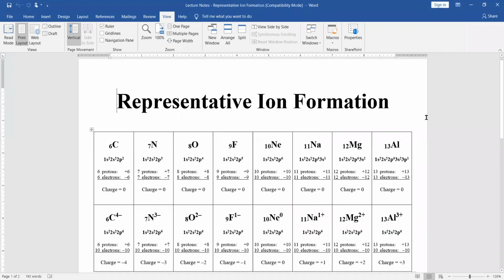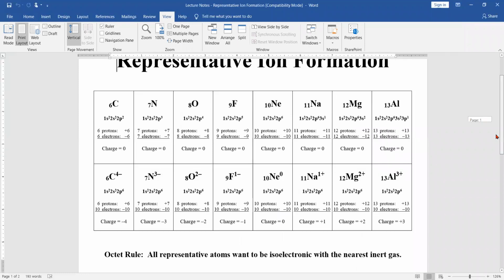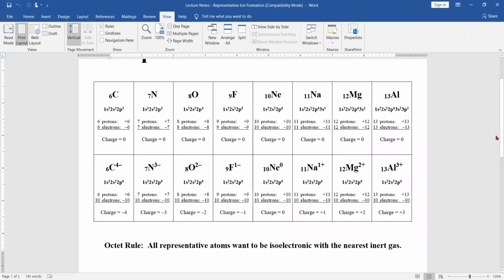Okay, there we go. So what we have here, looking at the top row first, is a consecutive run by atomic number off of the periodic table, starting at carbon, atomic number 6, 7, 8, 9, 10, on up through 13, aluminum.